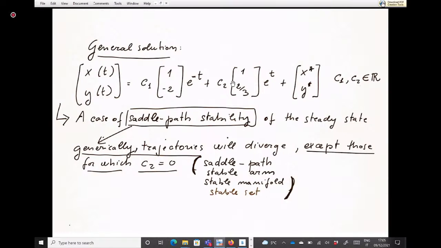Okay? So this is a type of stability that we don't have in one-dimensional systems. In one-dimensional systems, we either have exploding behavior, or convergence to the steady state. Here we can have this mixed behavior, which is called saddle path stability.